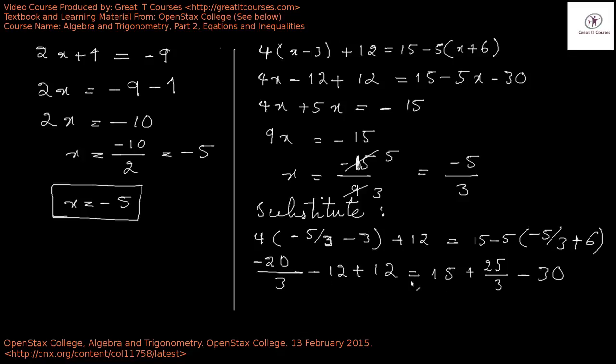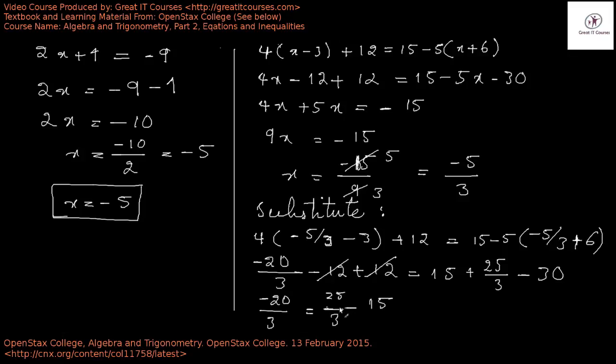Now you can basically cancel these two out, and then minus 20 by 3, this is 25 by 3, minus 45 by 3. So let me see. Let's write this as minus 20 by 3 is equal to, this is minus 15, so this is 25 by 3 minus 15.